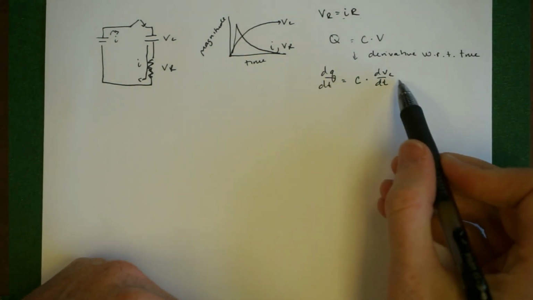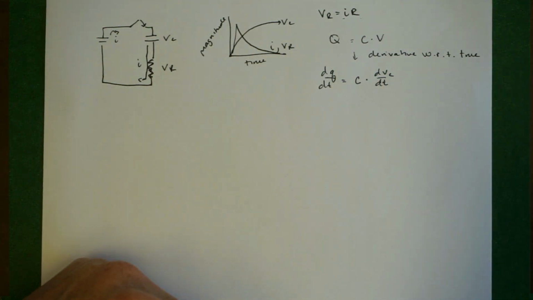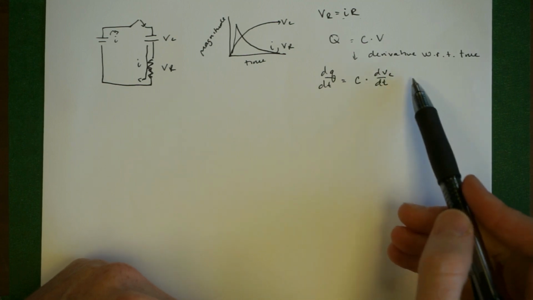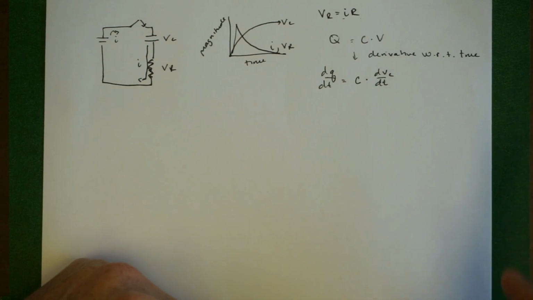So now I'm using lowercase letters for the charge on the capacitor and the voltage across the capacitor to distinguish variables that are instantaneous values rather than equilibrium values. So these are equilibrium values when the circuit has fully charged the capacitor and current has stopped flowing, and these are instantaneous values that might be at some other time that's not at equilibrium.